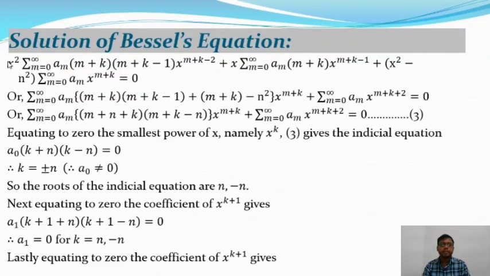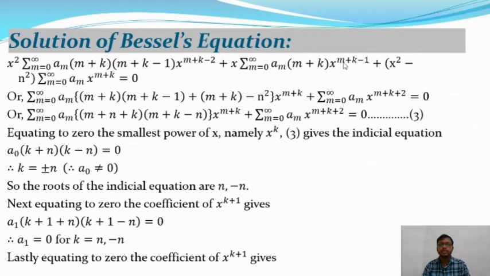And after multiplying by x square on the first term and x on the second term, from this we will get summation over m equal to 0 to infinity a_m into (m plus k) into (m plus k minus 1) x to the power m plus k, after multiplying by x square on that summation, plus (m plus k) into x to the power m plus k, after multiplying by x.